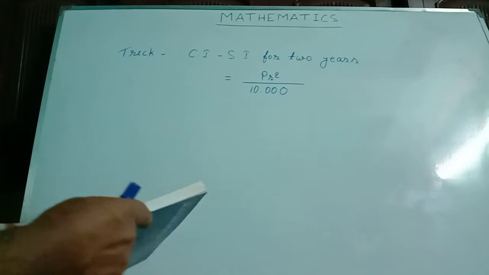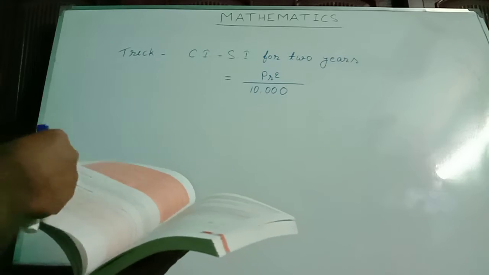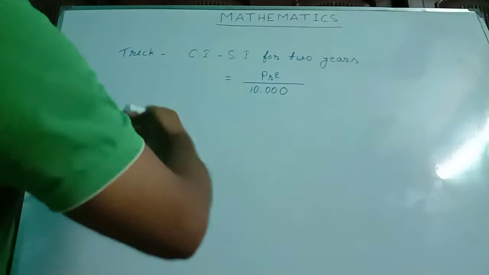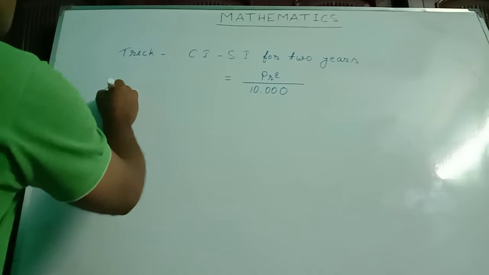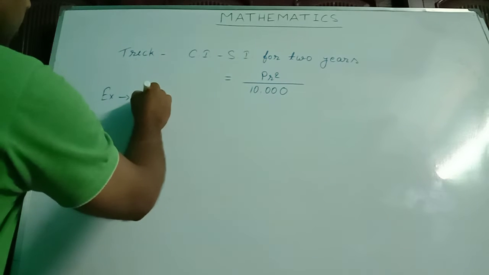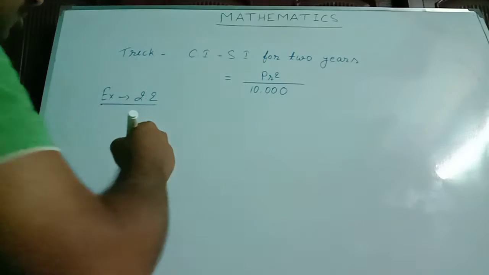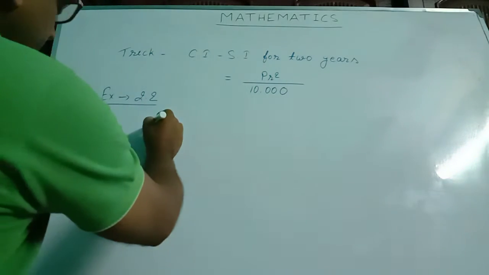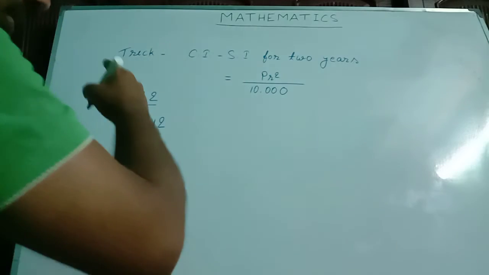So, in compound interest exercise 2.2, you have 2-3 questions. I want to talk about question number 12, exercise 2.2.